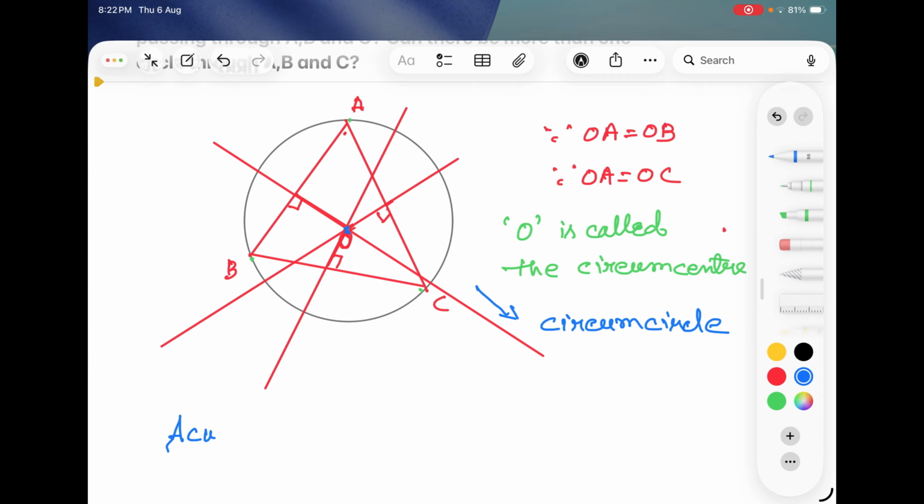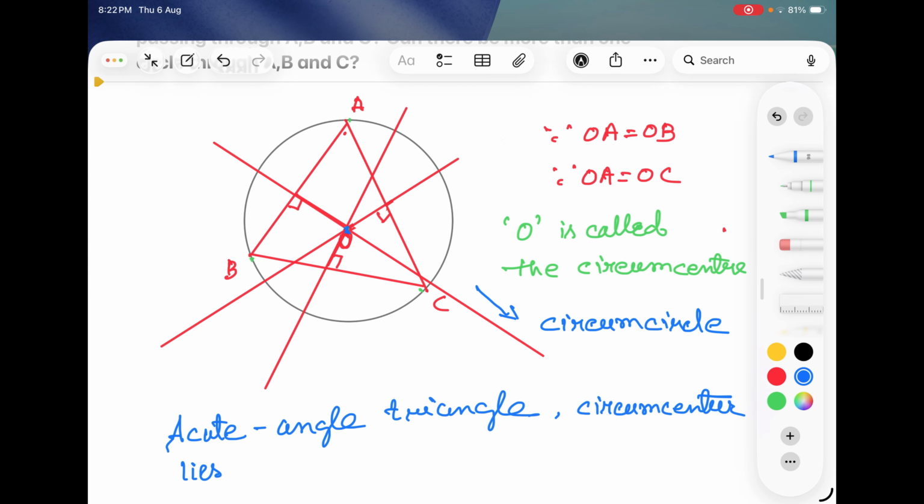So in an acute angle triangle, the circumcenter lies inside the triangle.